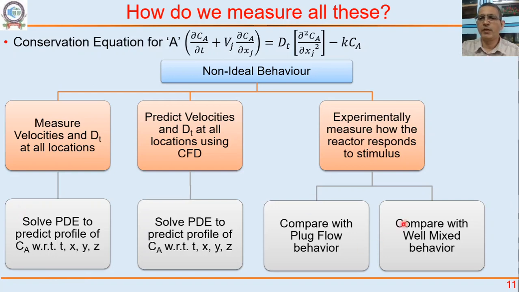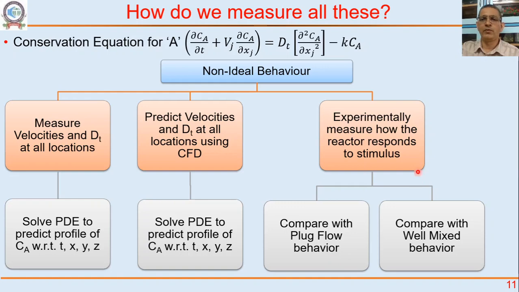This is what is involved in our residence time distribution. We give some stimulus or we give a disturbance to the reactor, see how it behaves, and check whether it behaves like a plug flow or well mixed or something in between.